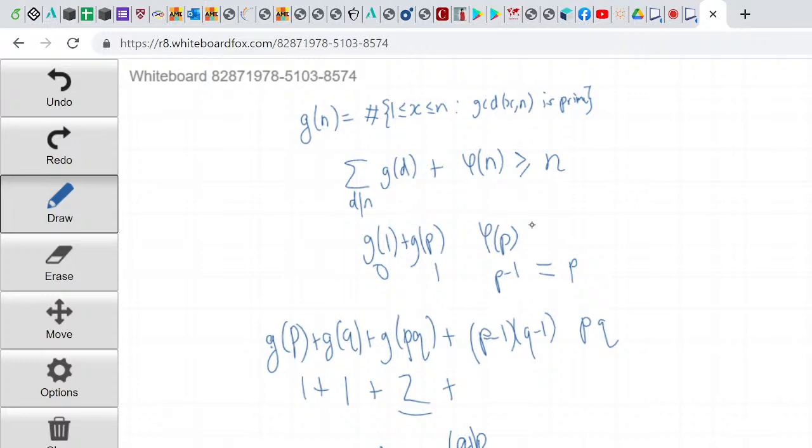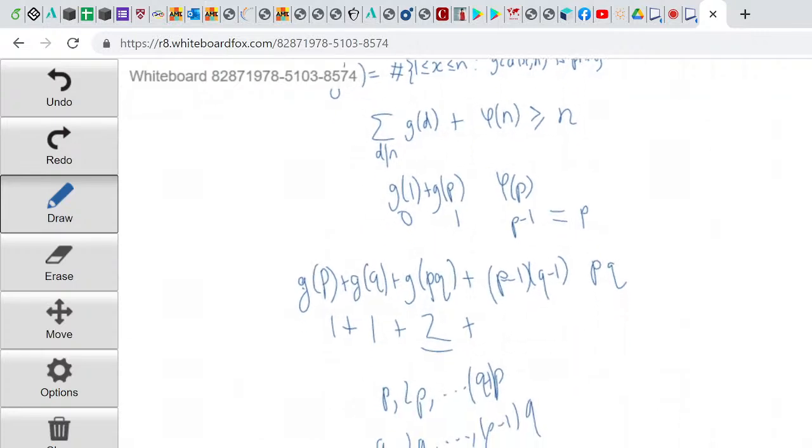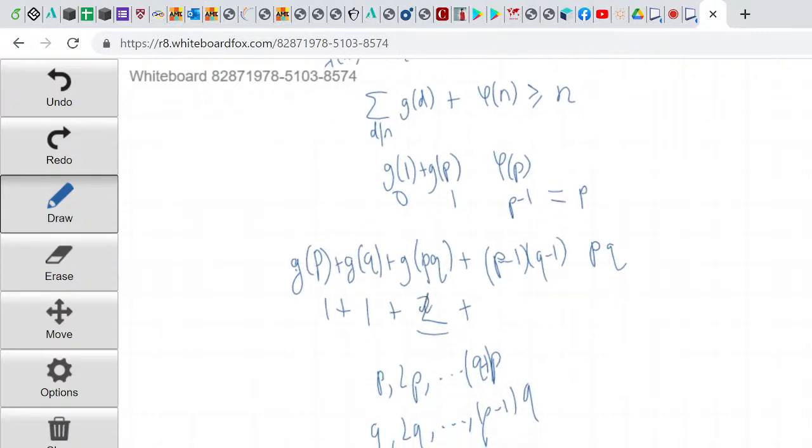So this q minus 1 p and this q, 2q, up to p minus 1 times q. So it's really q minus 1 plus p minus 1.